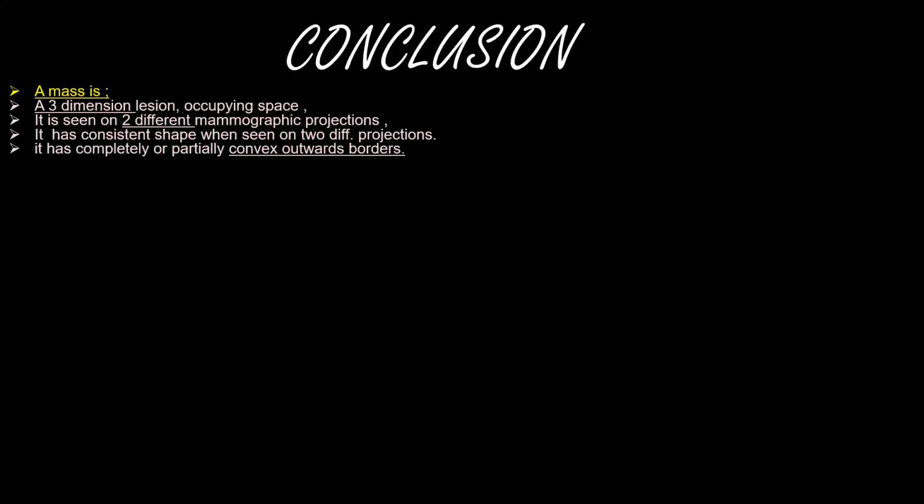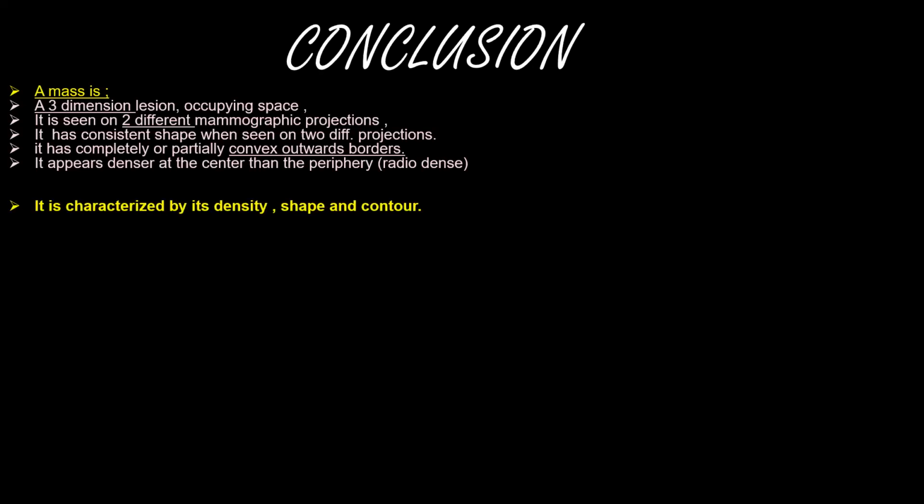Okay, so now we can conclude our talk. What is the mass? As we said, it is a 3-dimensional space-occupying lesion, seen in 2 different mammographic projections, which appears with a consistent shape in these projections. Its center is high density and the borders are partially or completely convex.